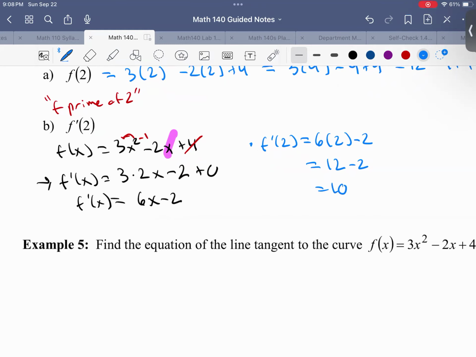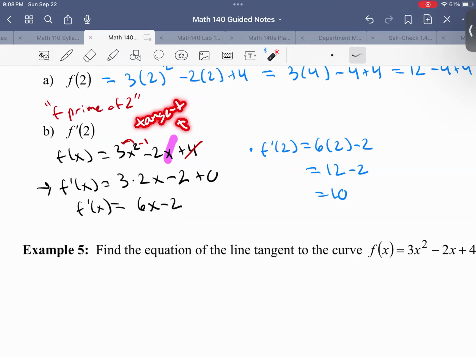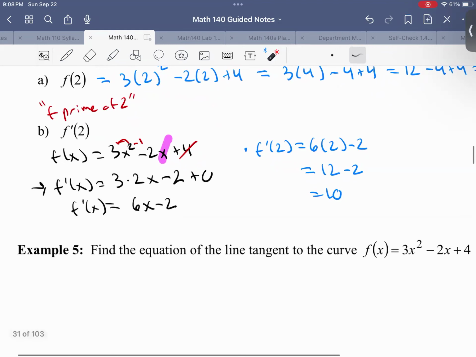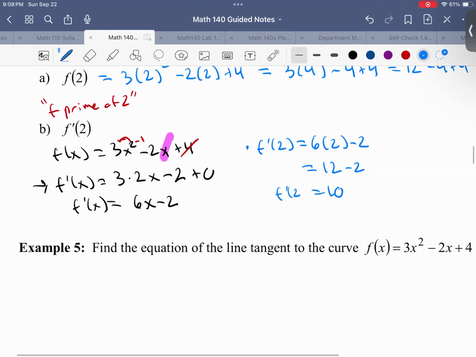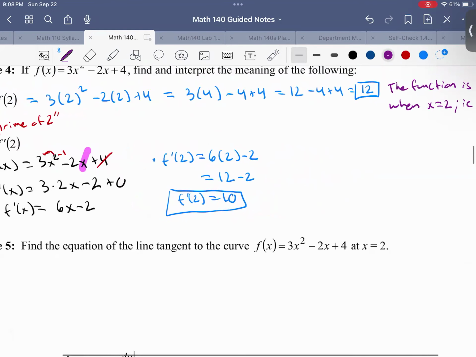Okay, so what does this mean though? Remember, when we talk about derivatives, it's synonymous with tangent line and instantaneous rate of change. So what f prime of 2 really symbolizes is that the slope of the tangent line is 10 at x equals 2.